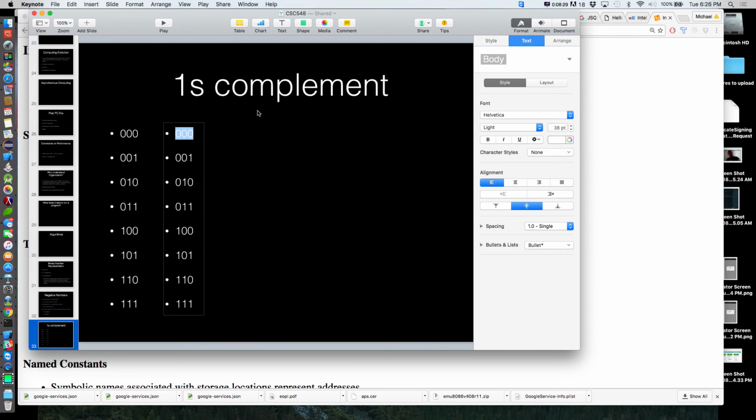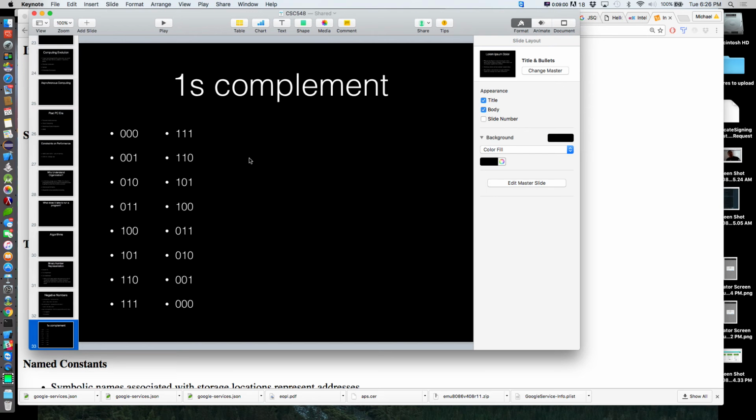Now the 1's complement of these guys, so if we're storing it in a signed number system, this would be 111, 110, 101, 100, 011, 010, 001, 000, like that. Okay? So this is turning every one of these numbers into their 1's complement equivalent.